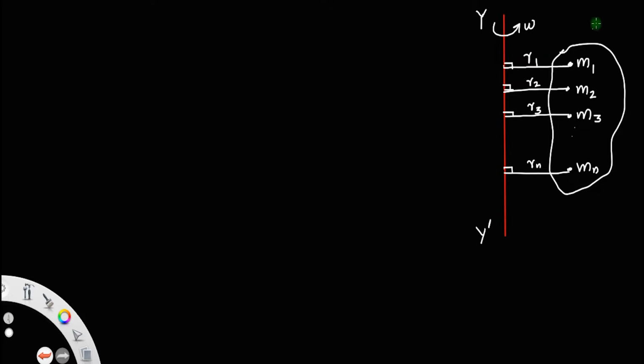We need to find the kinetic energy of the rotating body about the axis, or the rotational kinetic energy of the rigid mass. For that, the kinetic energy of the mass m1 is equal to half m1 v1 square, where v1 is the linear velocity of the mass m1, plus the kinetic energy of the second mass, half m2 v2 square.